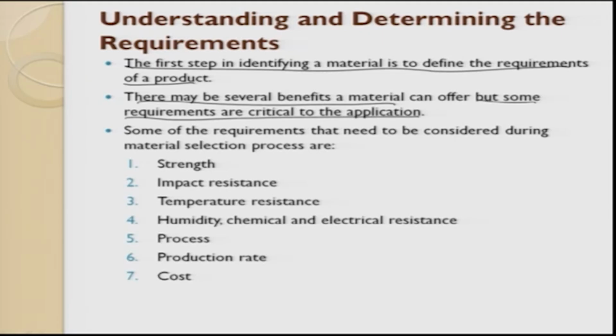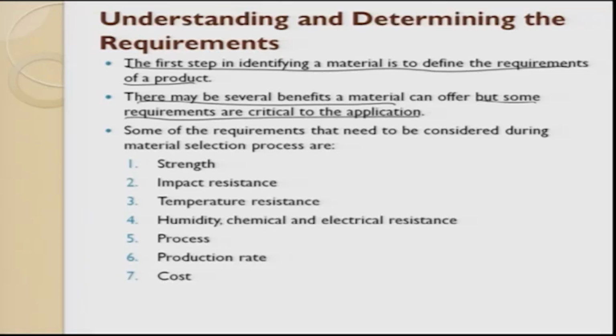So out of these so many things, whatever I said for a chair, by and large, a chair has to take a compressive load, it has to distribute the loads between the 4 legs, and it has to take impact load. So this is very important. So first you list down all the properties you want from a product. Then you pick up the most critical ones, and then you try to solve the most critical ones.